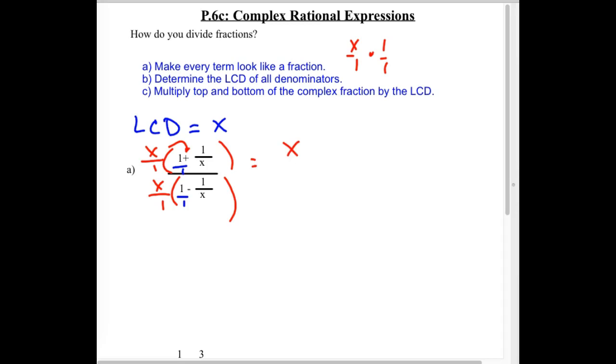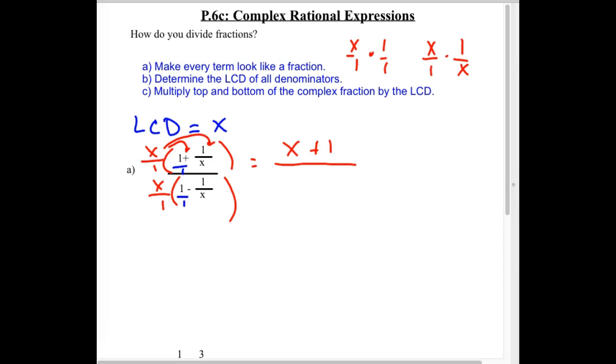Then I'm going to take x over 1 and times it to the second fraction there. What do I get when I take x over 1 times 1 over x? What happens to my x's? They cancel out. What am I left with? A 1. Positive 1.